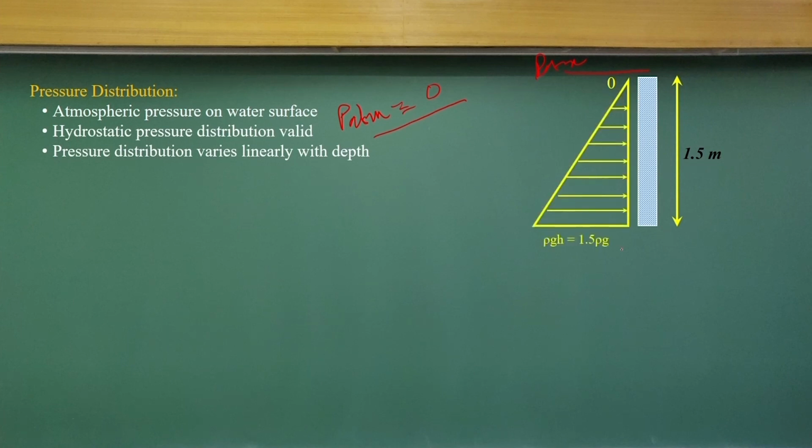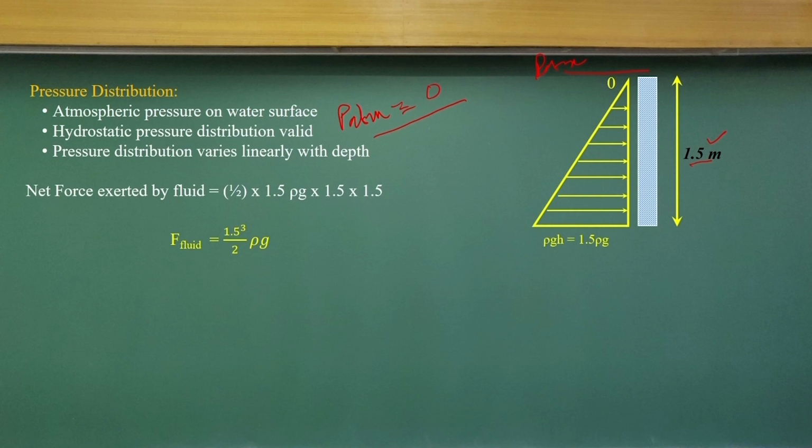The rho g h is here 1.5 meters. We will get the triangular pressure distribution diagram, and we need to compute the force because of this pressure diagram. The average pressure multiplied by the area of the gate is the net force due to the fluid at rest.